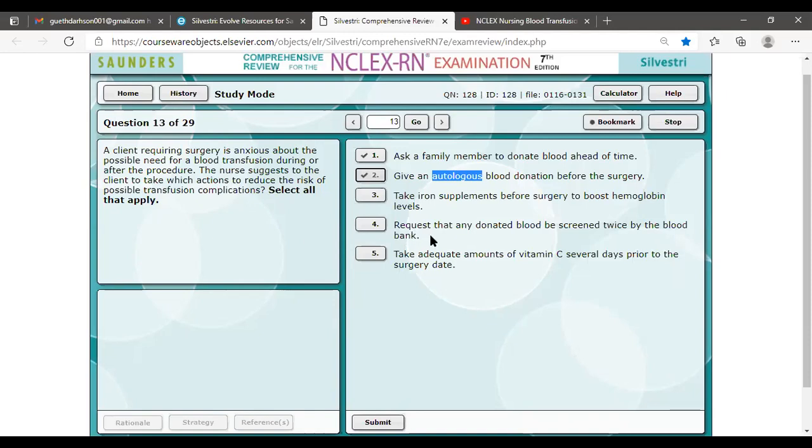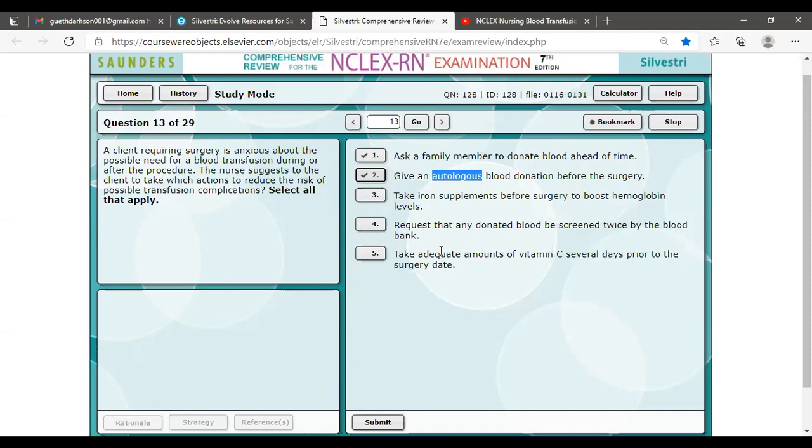Number 4, request that the donated blood be scanned twice by the blood bank. It is the protocol. It is the accountability and responsibility of the hospital. We always have to scan it for any kind of infection.